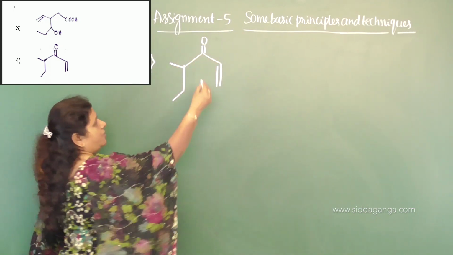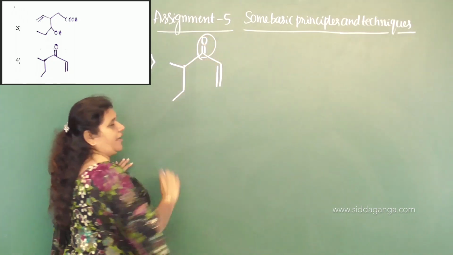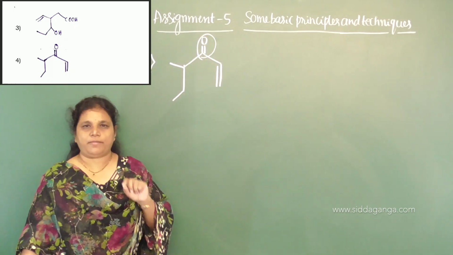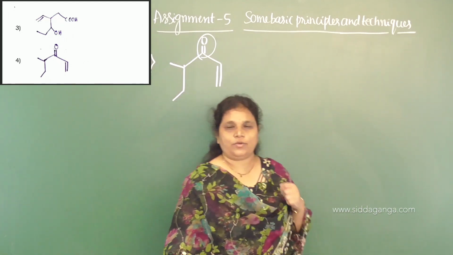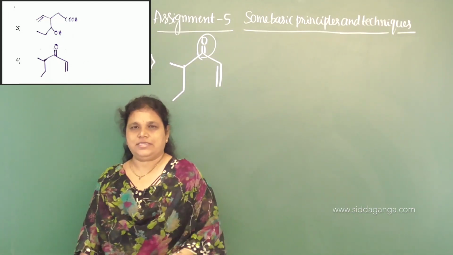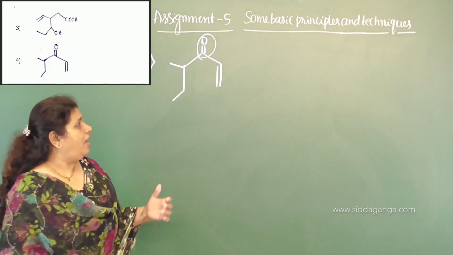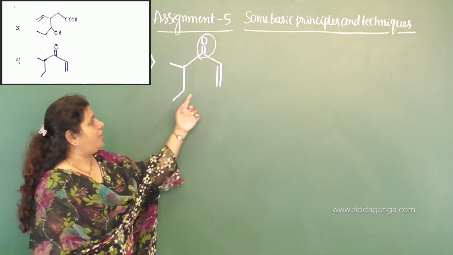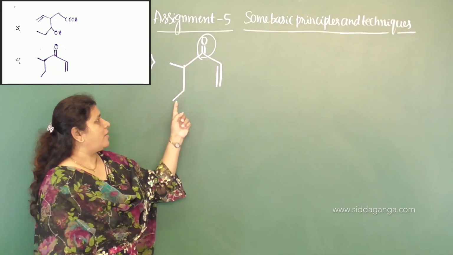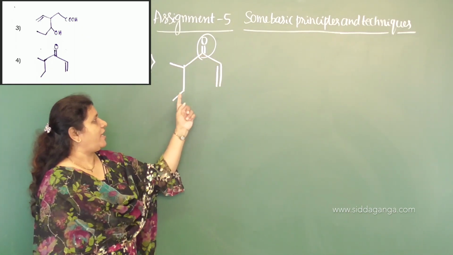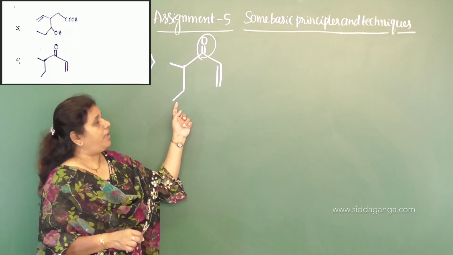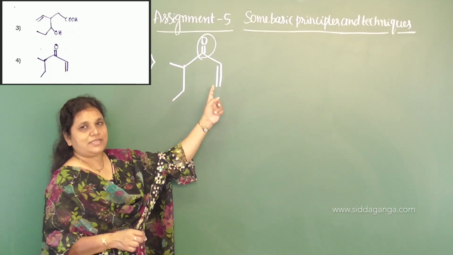Ketone functional group. This is the functional group and it is a non-terminal carbon containing the functional group. So the carbon atom gets included in the root word as it is because it is non-terminal. Select the chain and give the number. You can select this longest chain, correct. You will get 1, 2, 3, 4, 5, 6, a total of 6 carbon atoms, and it includes the double bond also.